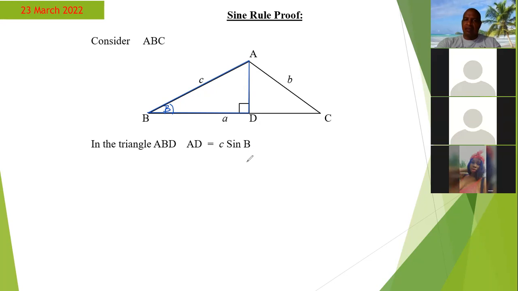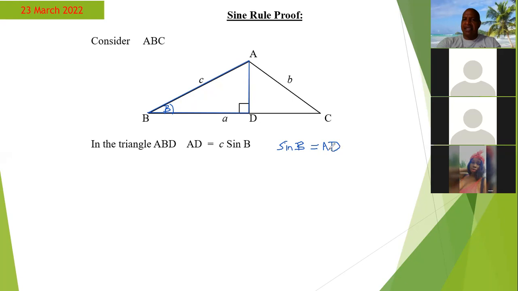So going back to it one more time, we are saying the sine of B, which is the angle B, so we're using the capital letter, equals the opposite side to B. So this side AD is opposite to the angle B because it is in front of the opening of the angle. So we put that side AD over the hypotenuse.